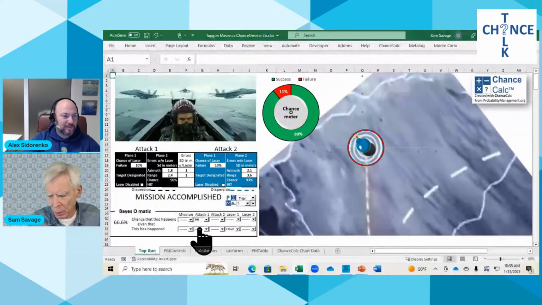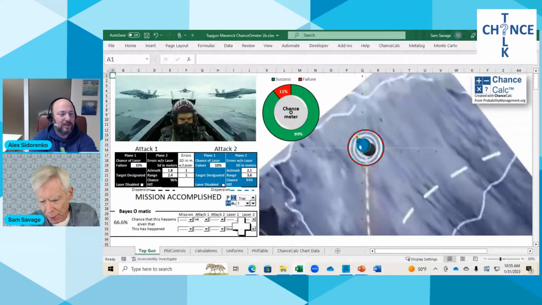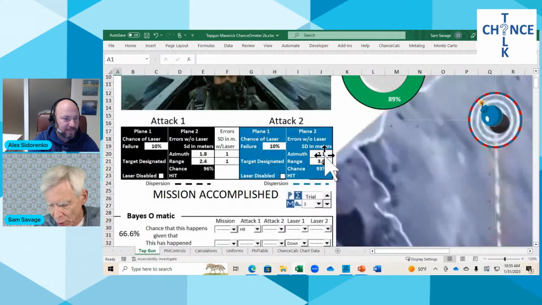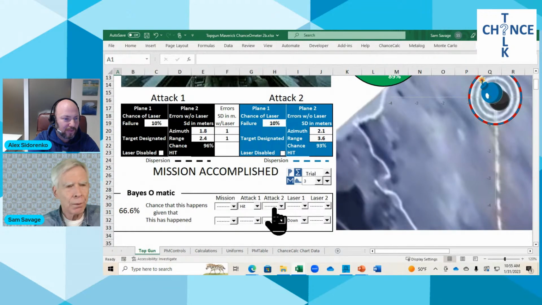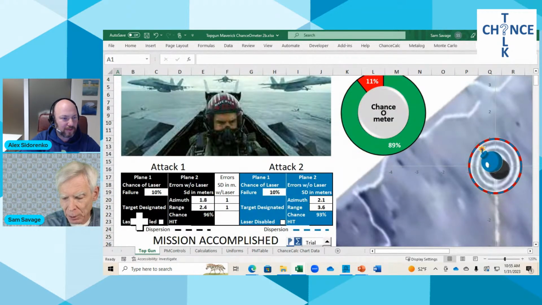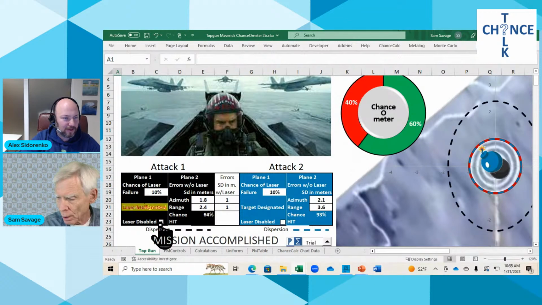And the most dramatic way to look at this is by reversing these conditions. So the chance that I hit target 1, given that laser 1 is down, I could also look at that by disabling laser 1 temporarily, right?